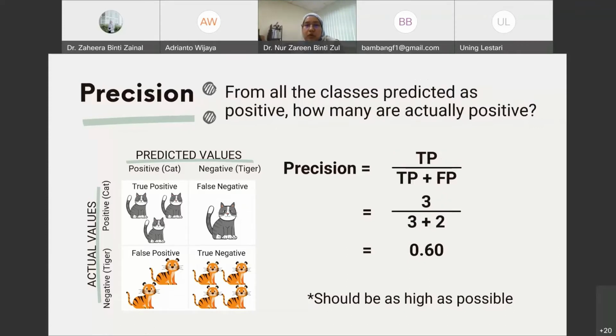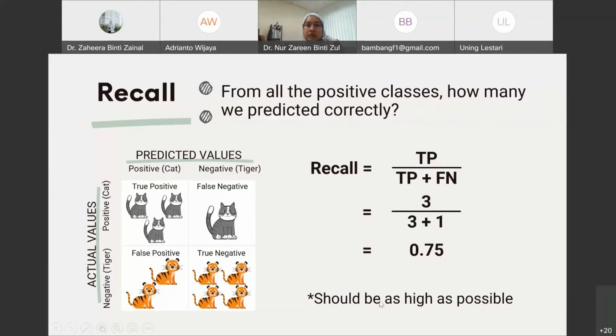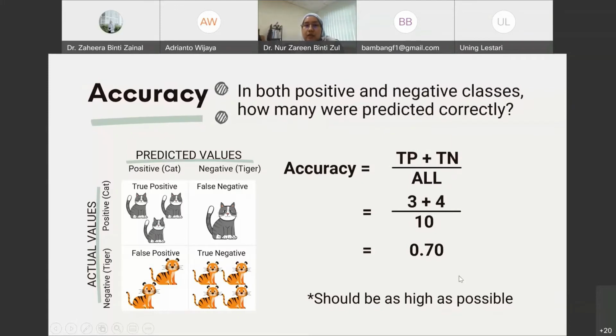So if you look at recall, it's 0.75. If you look at accuracy, it's 0.7. Usually, if your data set is balanced, and you did proper cleaning and everything, your recall and your accuracy shouldn't be too far off.